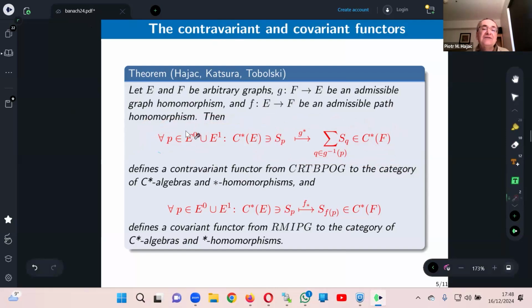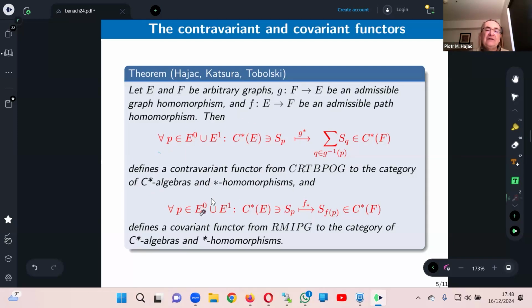You take an edge or a vertex, okay, and you take the projection or partial isometry associated to it, and then, remember, this is a contravariant functor, you look at the pre-image of this edge or vertex, and it will be a bunch of partial isometries or projections, and you sum them up. Okay, this way you get the contravariant functor from this category of admissible graph homomorphisms to the category of C-star algebras and star homomorphisms. In fact, equivariant star homomorphisms, but let's not get into details.